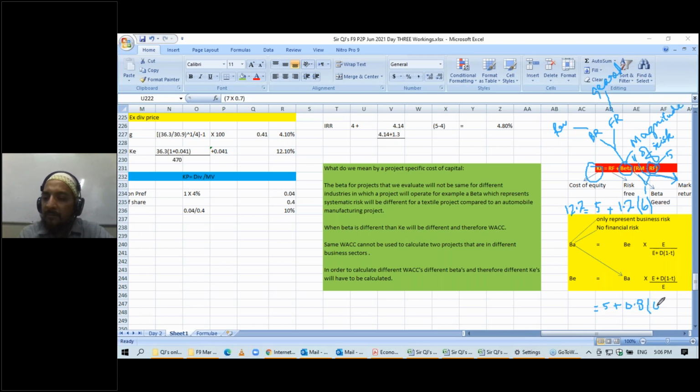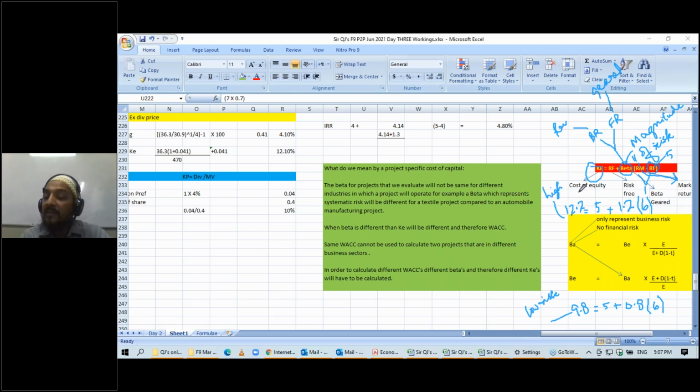So if I multiply 0.8 by 6, then the cost of equity is going to be 9.8%. So this is for a low risk project, right? And this cost of equity is for a high risk project, right?